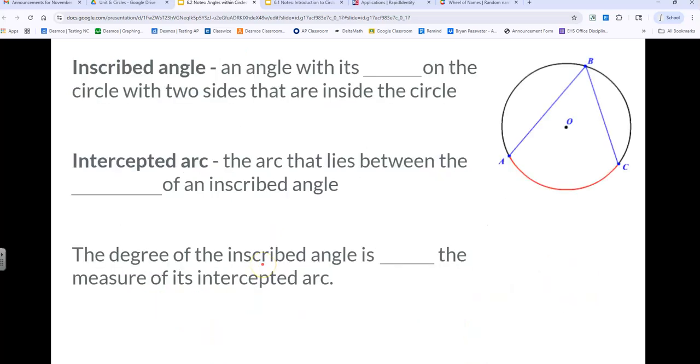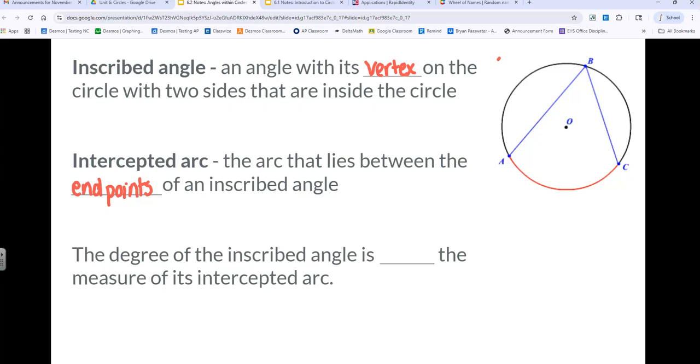Okay, let's talk about an inscribed angle real quick. An inscribed angle is an angle with its vertex on the circle with two sides that are inside the circle. The intercepted arc is going to be the arc that lies between the endpoints of an inscribed angle.